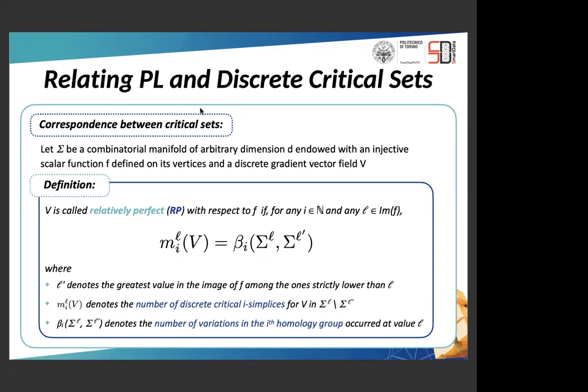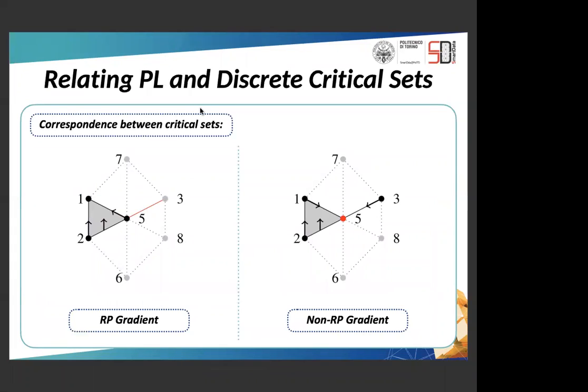So just to depict an example, on the left we see an example of a relative perfect gradient, since we have a variation in one-dimensional homology, and we have one critical simplex depicted in red of dimension 1, so the two numbers coincide.